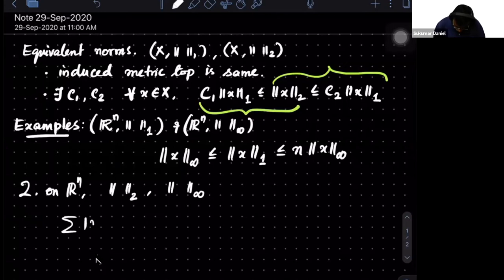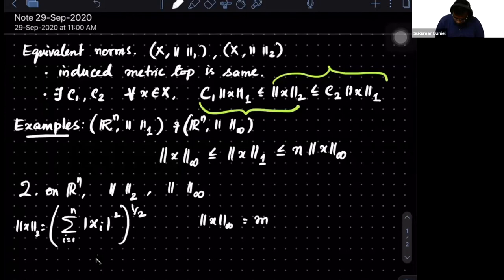It is this. This is the 2 norm. And you know what the infinite norm is. I want you to go through this kind of simple inequality in your mind all the time. First let us try whether it works out or not.